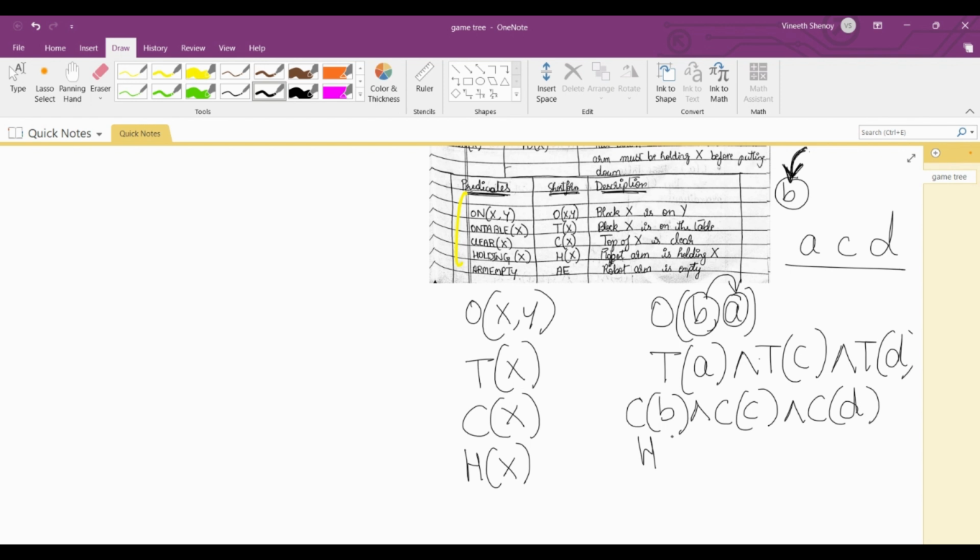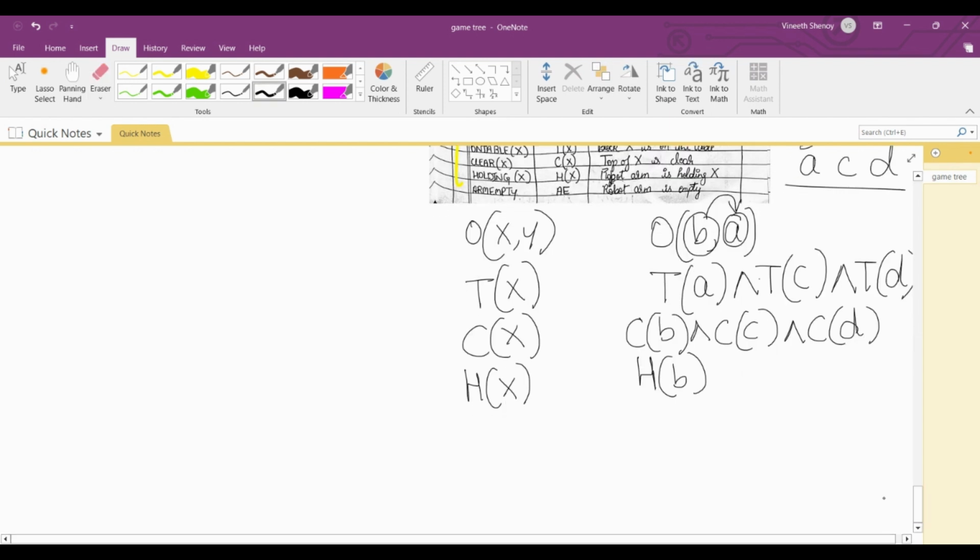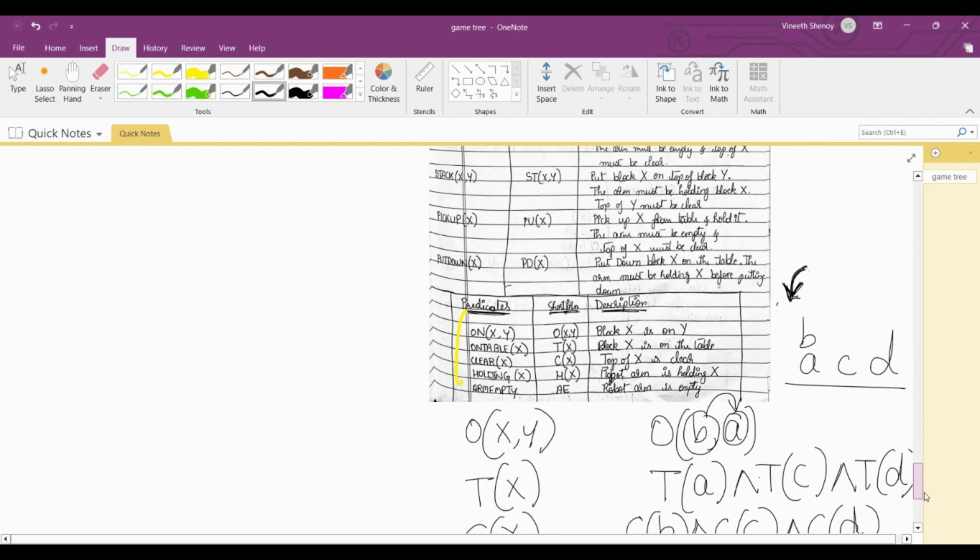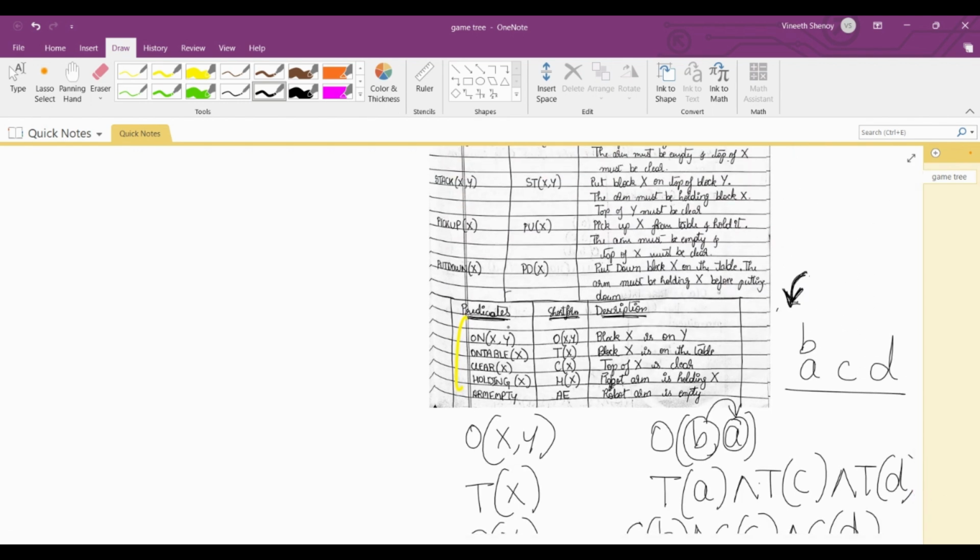H means holding, and inside we have the block that the arm is holding. In this case B, so we write H of B. Now consider the previous state where the block was over here, and the arm wasn't holding anything. The arm was empty. This state is called arm empty, AE. It's just a predicate. There is no variable for it. So arm empty means the robot arm is empty.